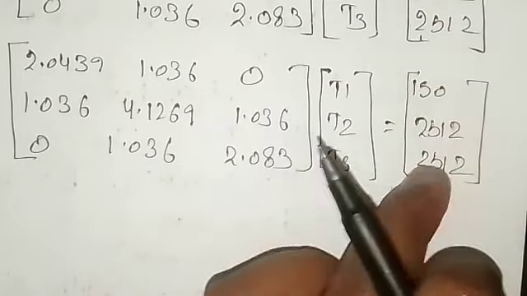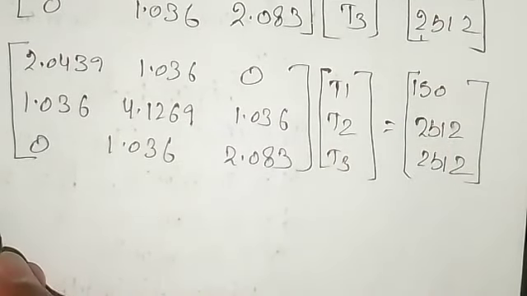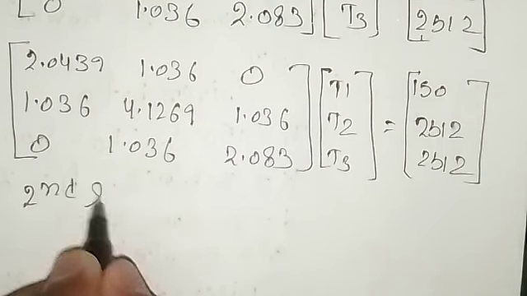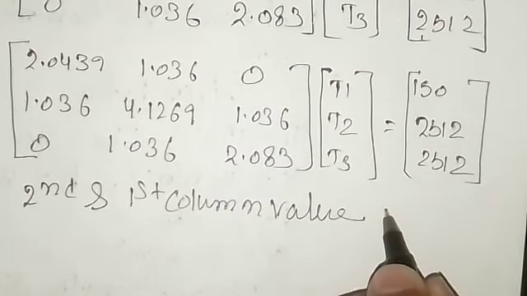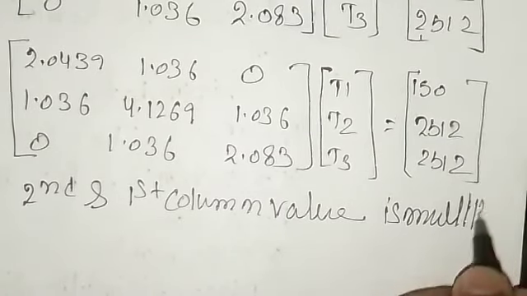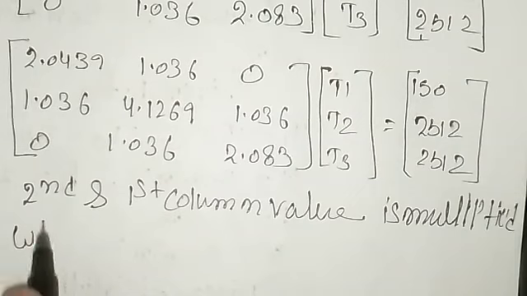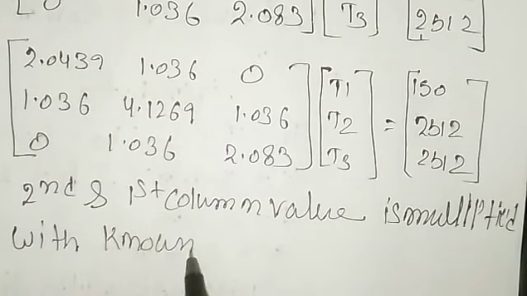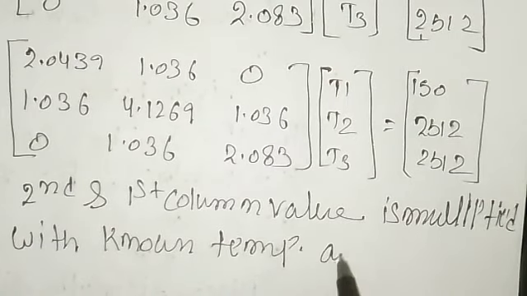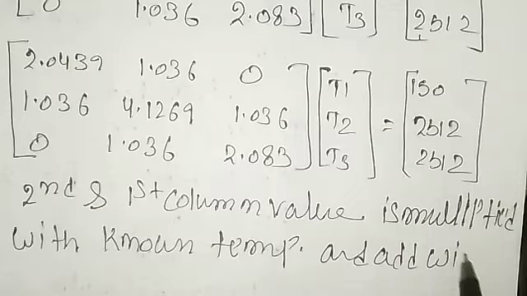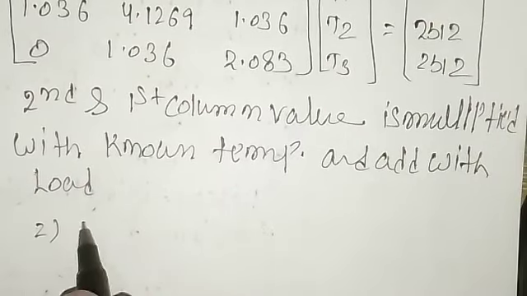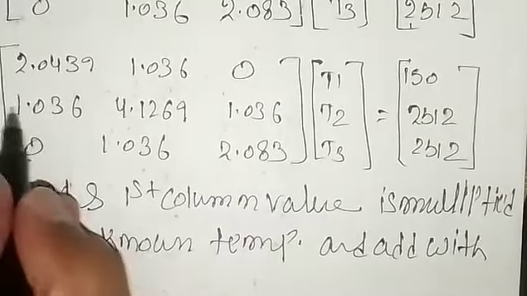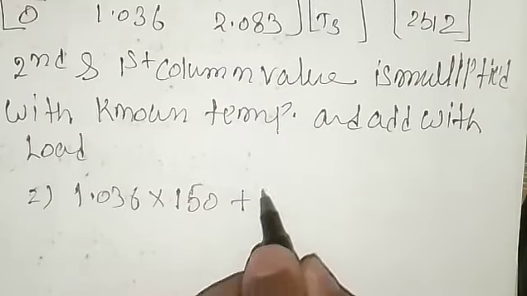Further we have to modify this equation, meaning this load vector should be modified. So now what you need to do is take the second row and first column value, which is 1.036, and multiply it with the known temperature, which is 150, and add it with the 2512.